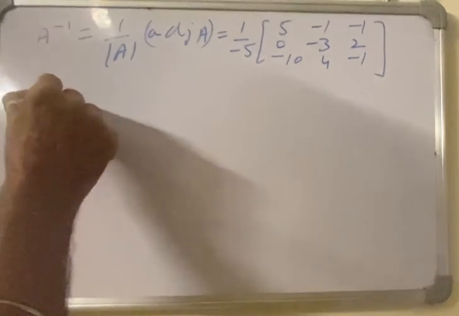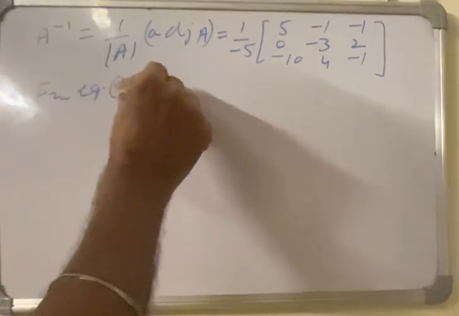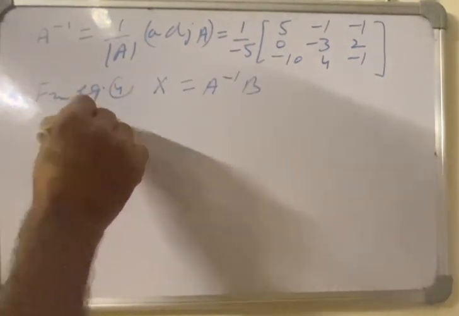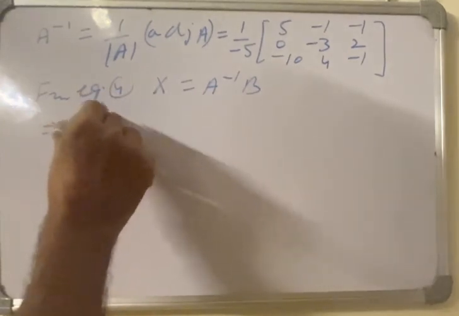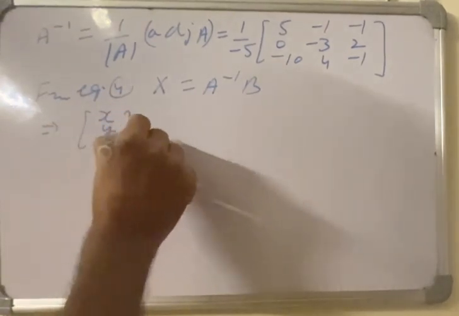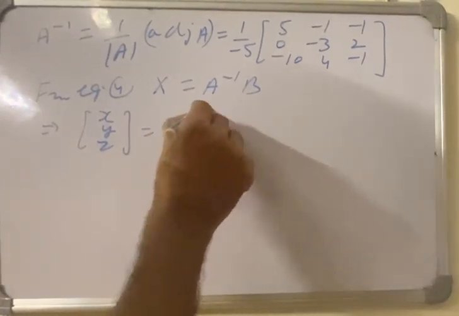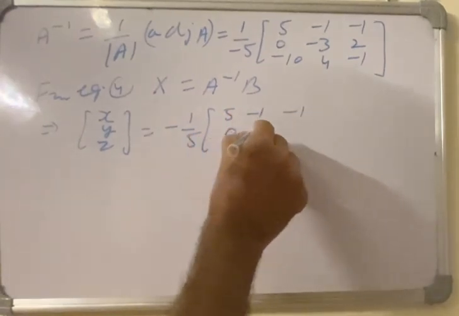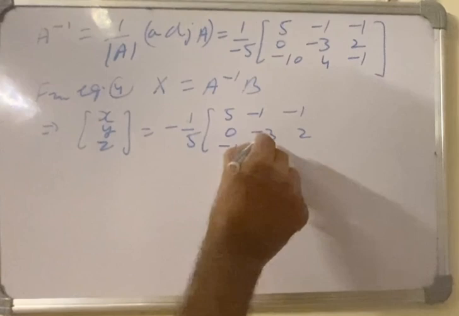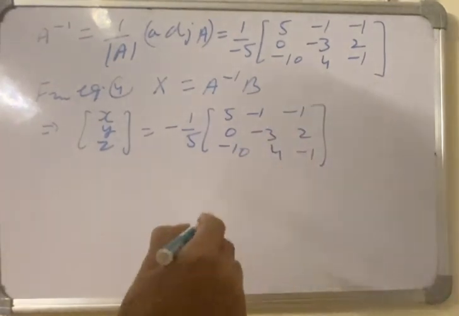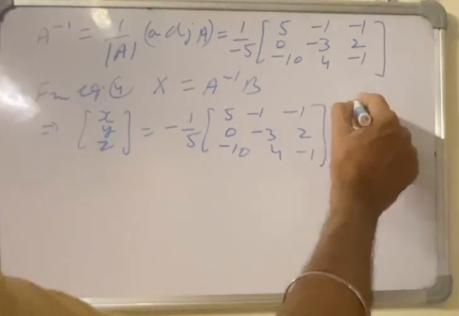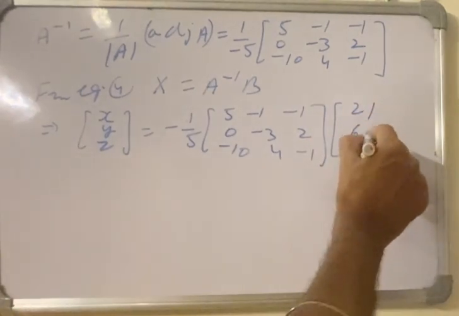From equation 4, X is equal to A inverse B. So we substitute their values. Variable column matrix x, y, z equals minus 1 over 5 into the matrix 5, minus 1, minus 1, 0, minus 3, 2, minus 10, 4, minus 1, into constant column matrix 21, 60, 70.